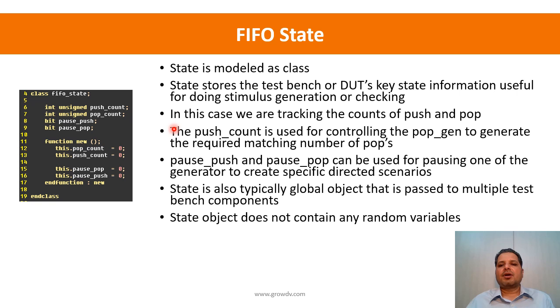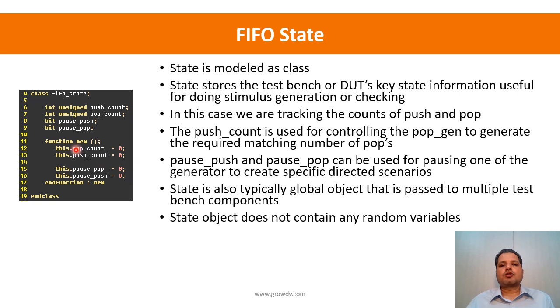But in this particular test bench, we are using this state for tracking the number of push and pop. As soon as we push, we increment the push count from the gen push, and the same count is looked at by the pop generator. If the push count is not matching the pop count, it will generate more pops, and then the pop count gets incremented appropriately.